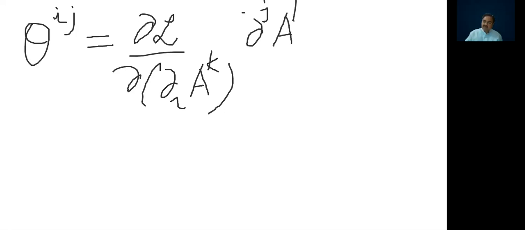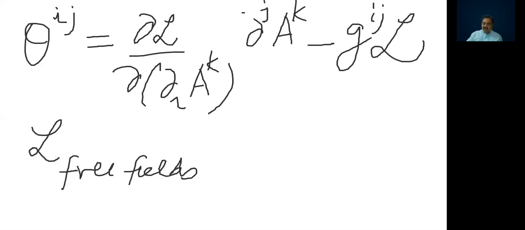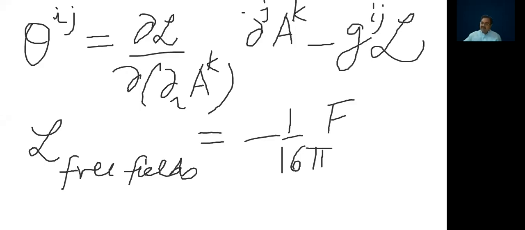Okay, all of you should be in the habit of writing it out properly, minus g_ij and L. Okay, so this is how we have defined this quantity, and you know that this L for the free fields can be put here, because we know its value, minus 1 upon 16π F_ik F^ik, right?